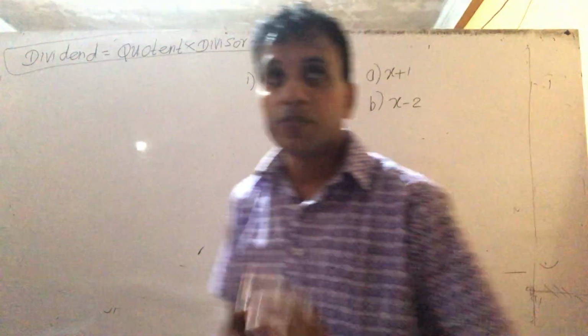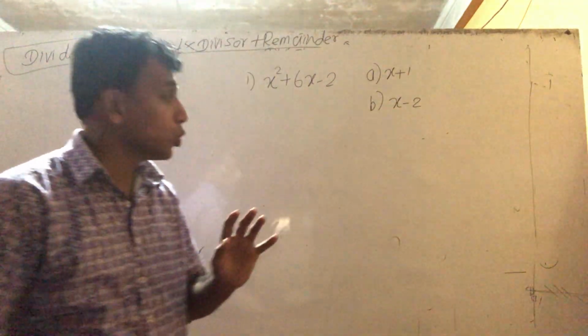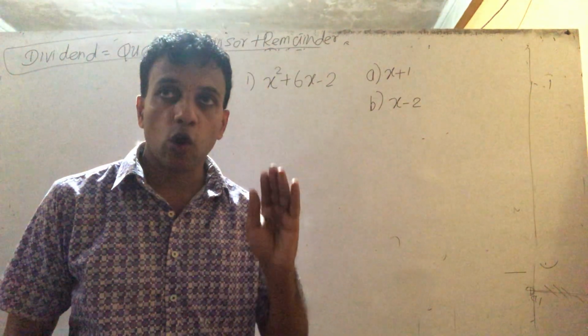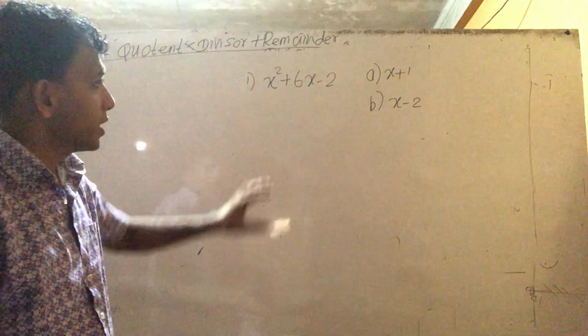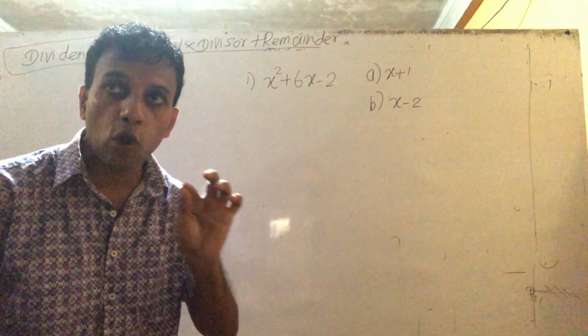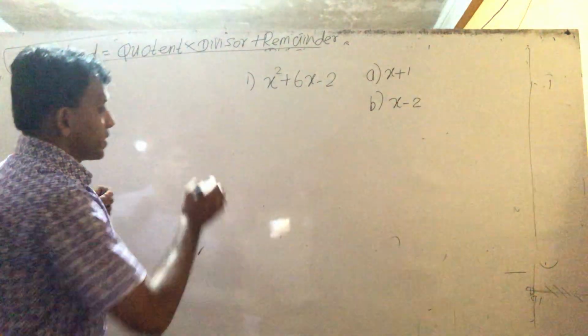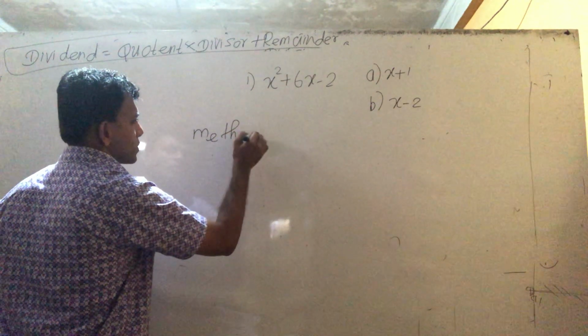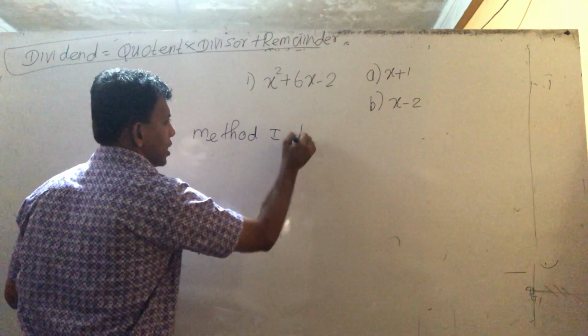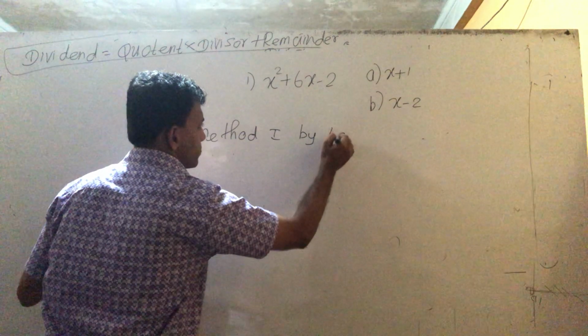From this problem I will show you the method of how we use long division as well as synthetic division, right? Okay, first we divide that. I use the long division method, right? Method 1, by long division.